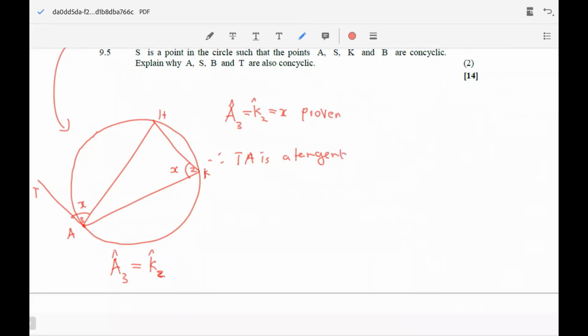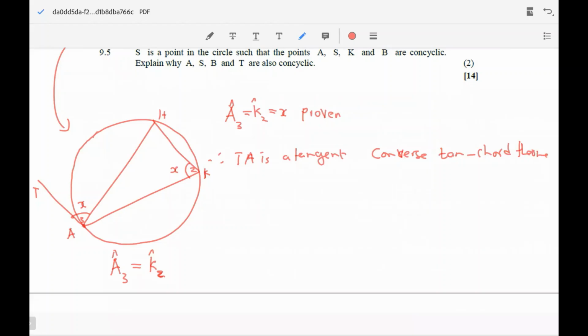You could say the converse tan-chord theorem.